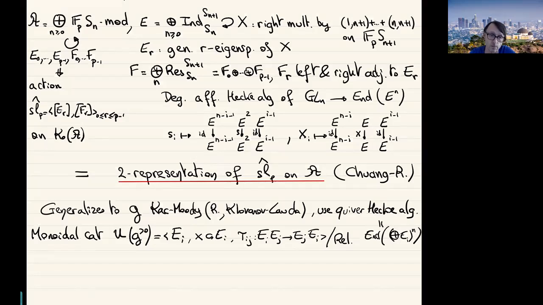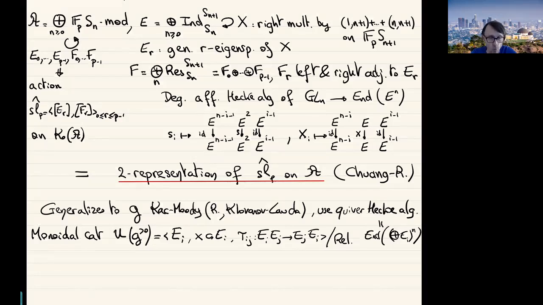Each E_i is coming with an endomorphism X. And now we have maps from a product E_i E_j to a product E_j E_i, and this satisfies certain relations. And the quiver Hecke algebra itself is the endomorphism algebra for a certain object in this category, very much in the way that we obtain the degenerate affine Hecke algebra above by taking the endomorphism of E^n.